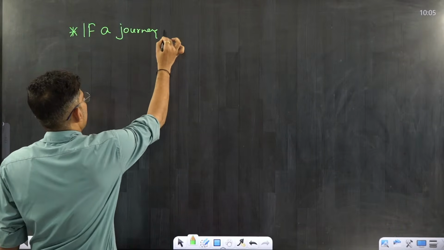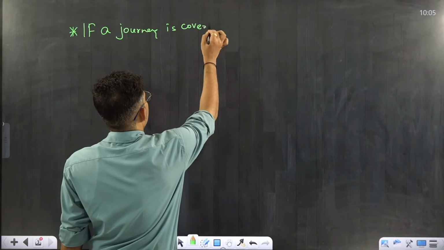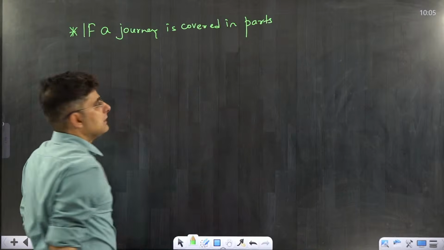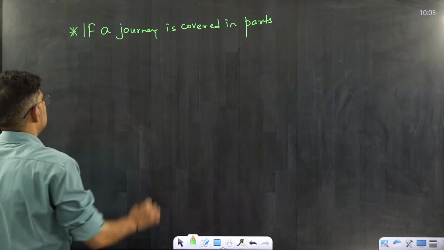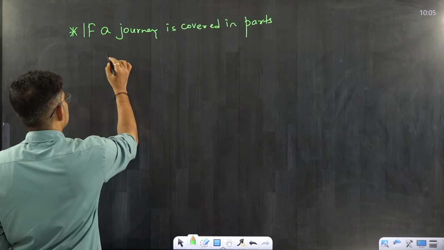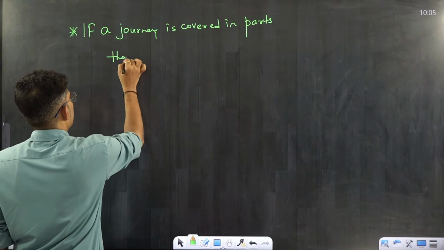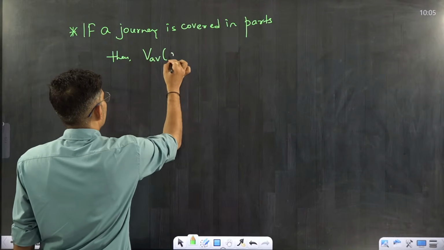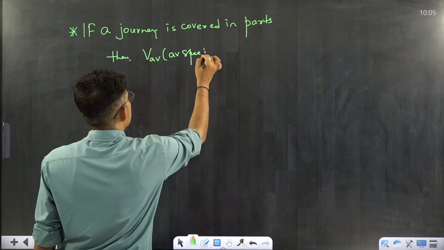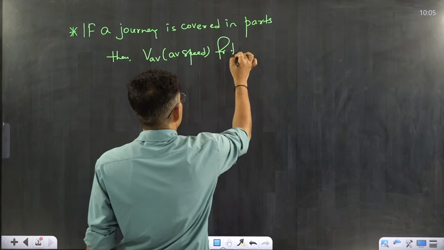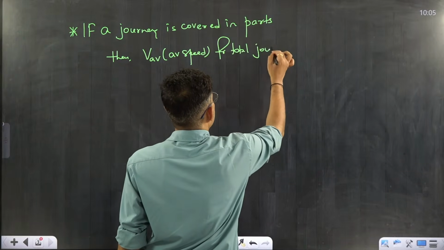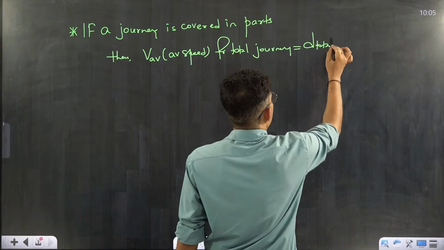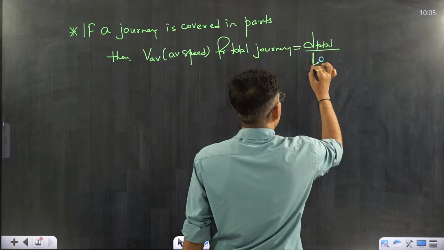If a journey is covered in parts, and they ask you for the average speed for the total journey, we know this is total distance by total time.